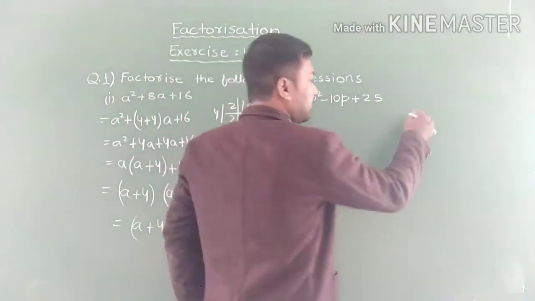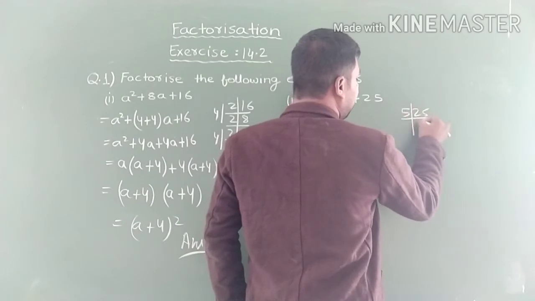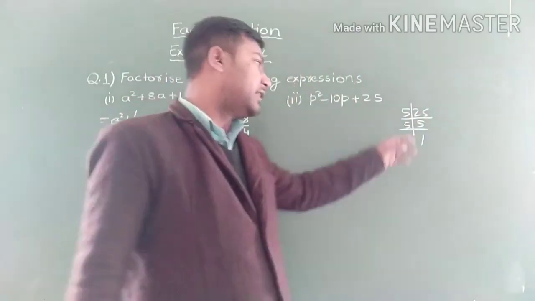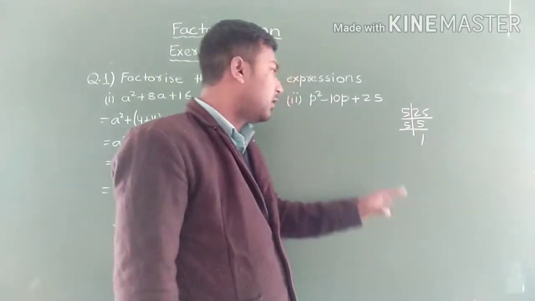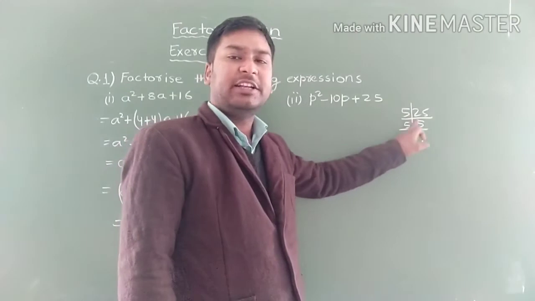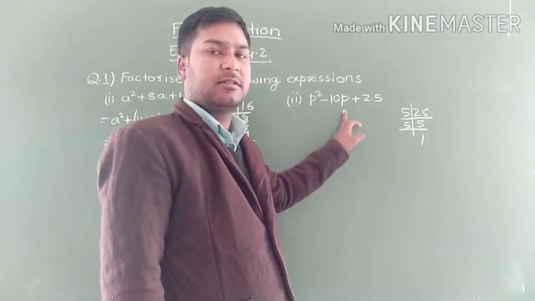So just factorize 25. It will be 5 5s are 25. Now the factor is 5 into 5. On multiplication 5 5s are 25, and on addition 5 plus 5 is 10.